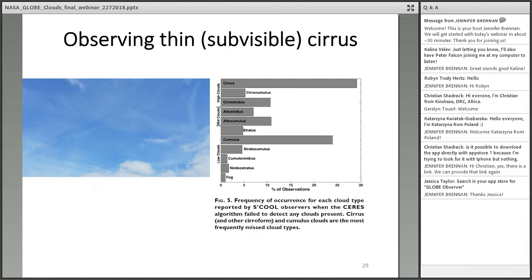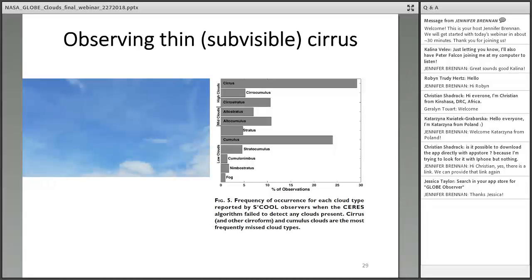So the first meteorological situation we're interested in, as mentioned earlier, is the question of observing thin cirrus clouds or subvisible cirrus. As mentioned earlier, many satellites, including CERES, have difficulty detecting these thin cirrus clouds.